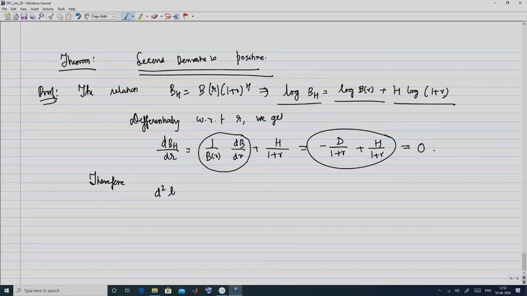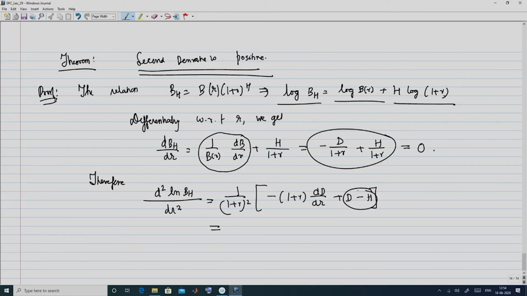So, therefore, the second derivative d square ln of BH over dr square is 1 over (1 plus r) whole square into minus (1 plus r) dD/dr plus D minus h.